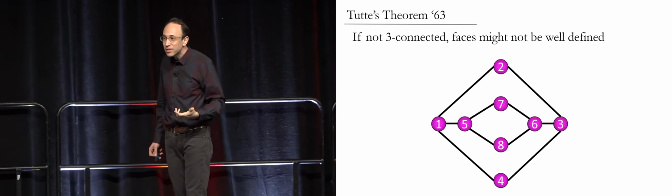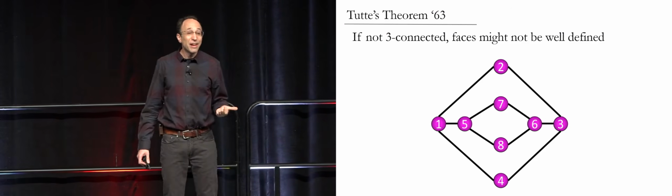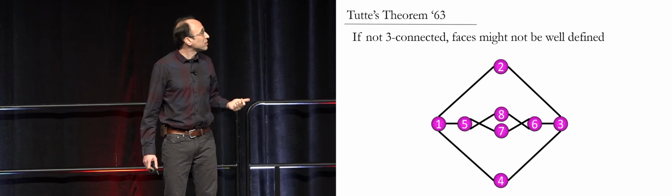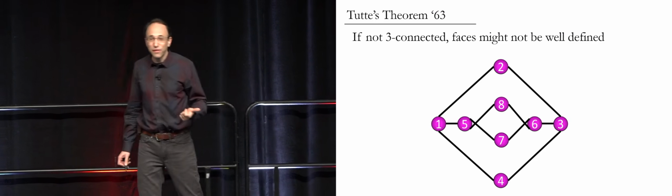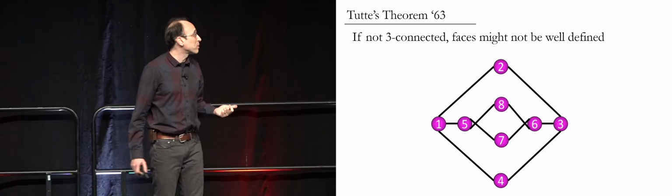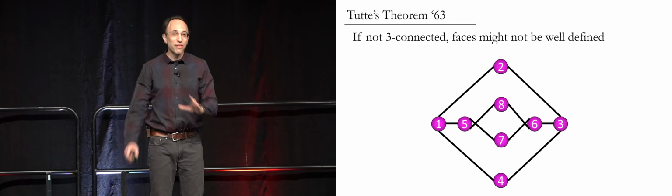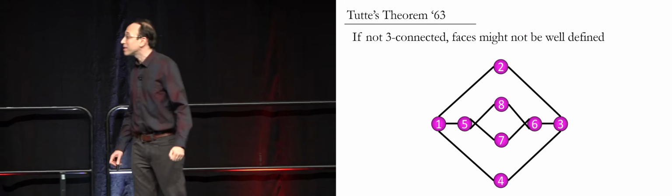That is a face, but there are other planar drawings of this graph in which that is not a face. In particular, I can exchange the location of nodes 7 and 8. And then 7 is no longer part of that face, and it is not really on a face with vertex 2 anymore. So three-connected tells you that you have a nice planar graph in which the faces are well-defined, and then Tutte's theorem applies.